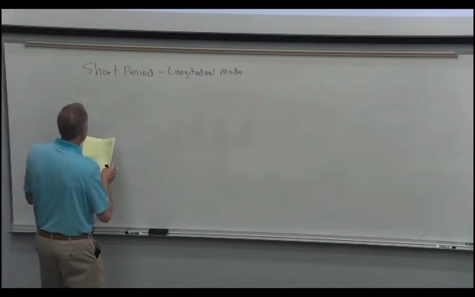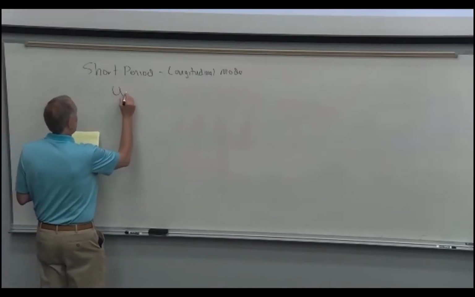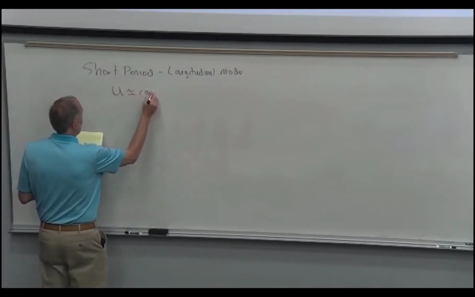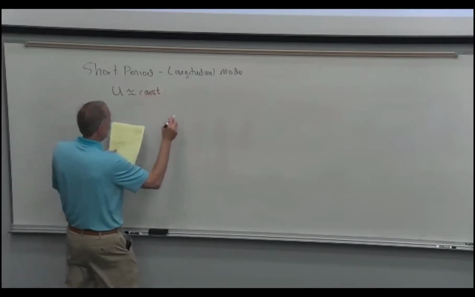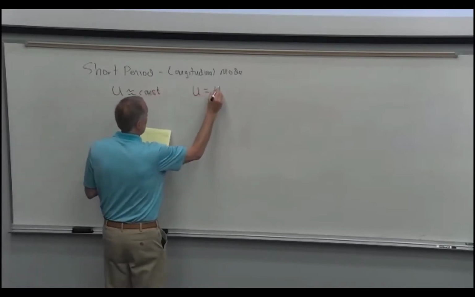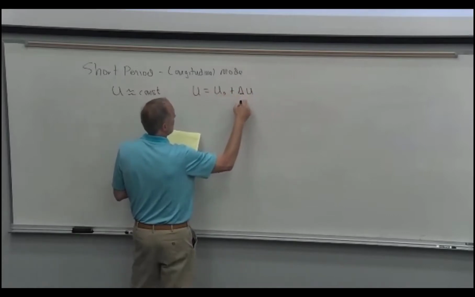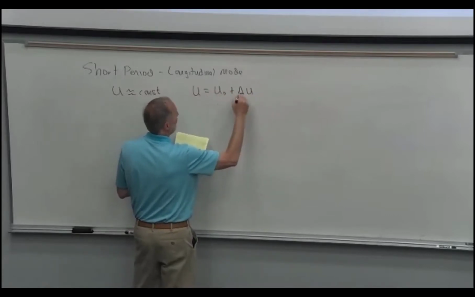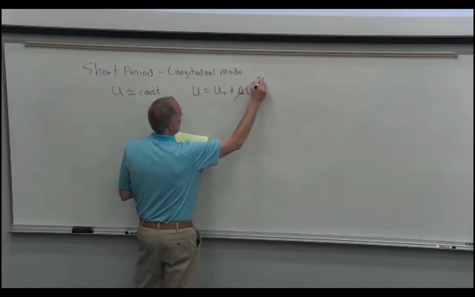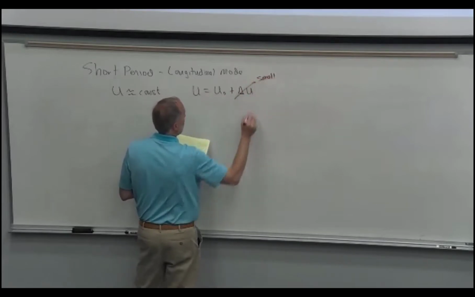So we can make an approximation that U is approximately constant, which means that the perturbation, which is a function of time, this is the constant forward speed, is small. And so we'll set it to 0.